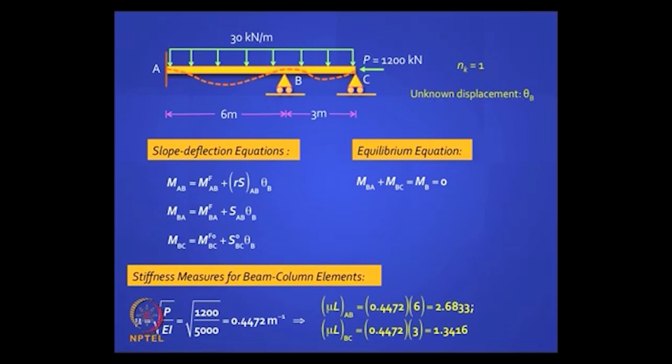P by EI is known, plug in that value and you have got two values, mu L for AB and mu L for BC. So these are known values, you do not have to do bisection method now, just plug in this value. This is the effect that is going to happen on your flexural stiffness.